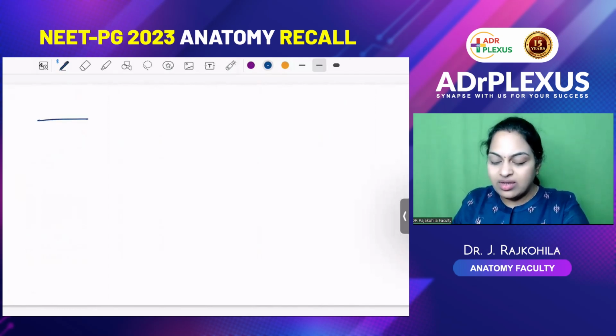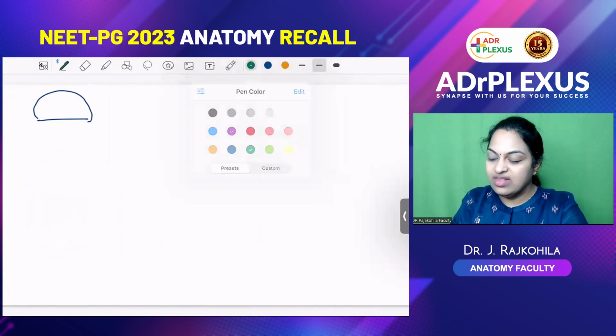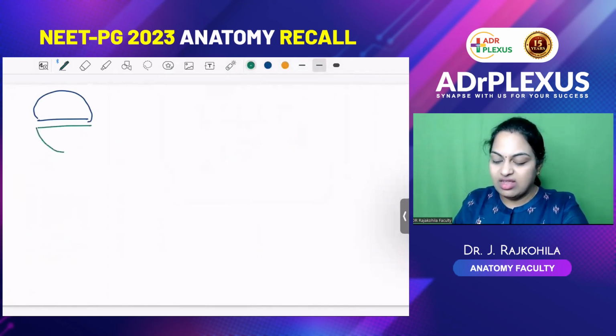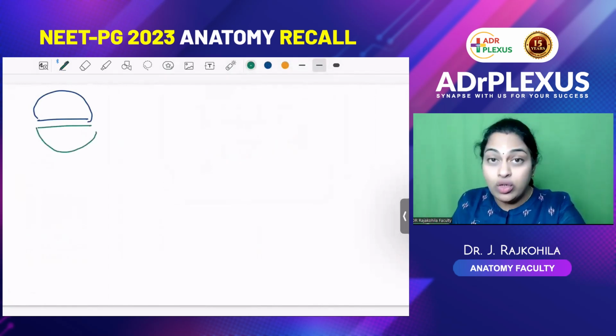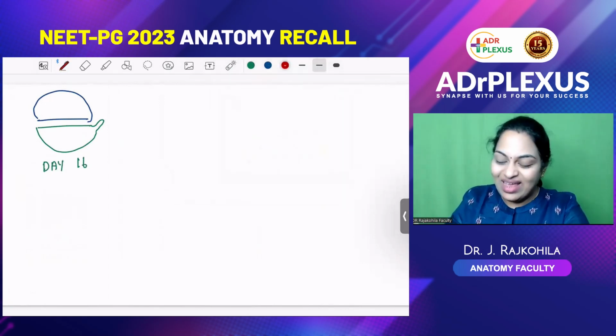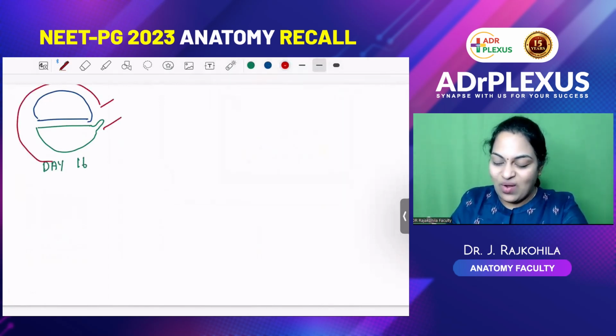Remember, there are the two sacs, the amniotic sac and the yolk sac. I'll show the endoderm of the yolk sac in green color. Around day 16, it forms a small outpouching called the allantois, in the region of the connecting stalk.